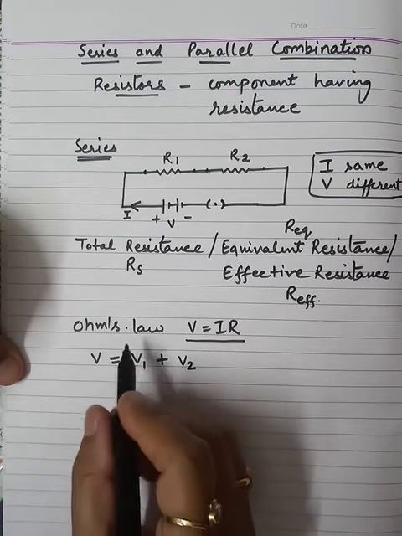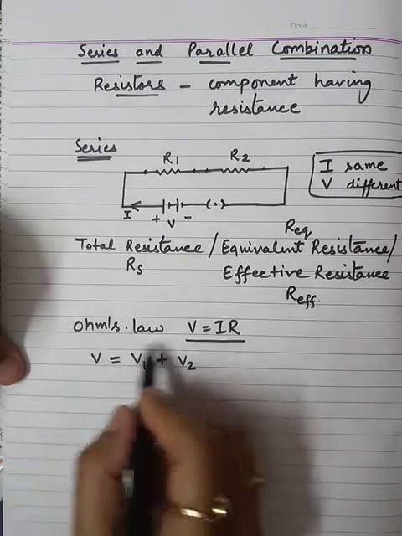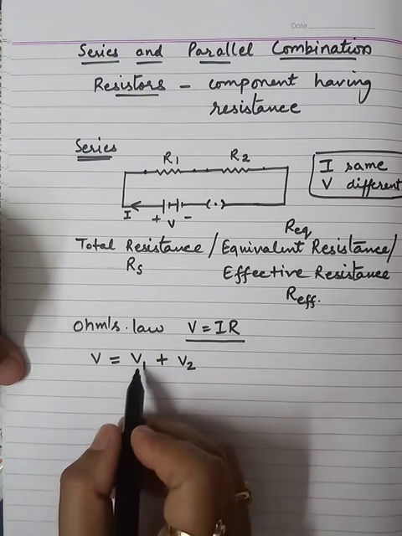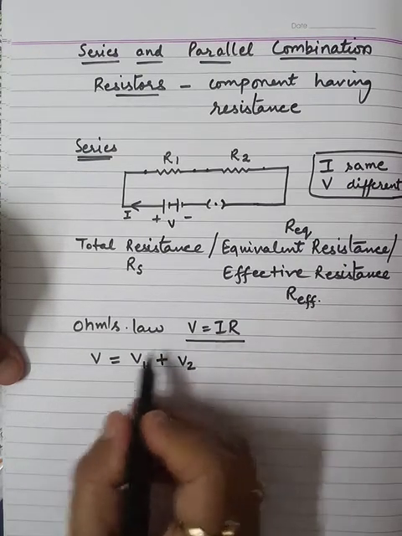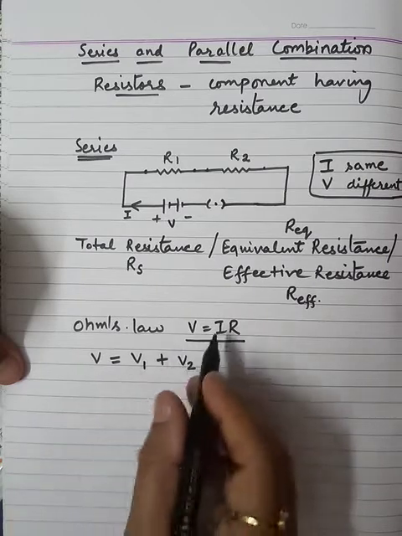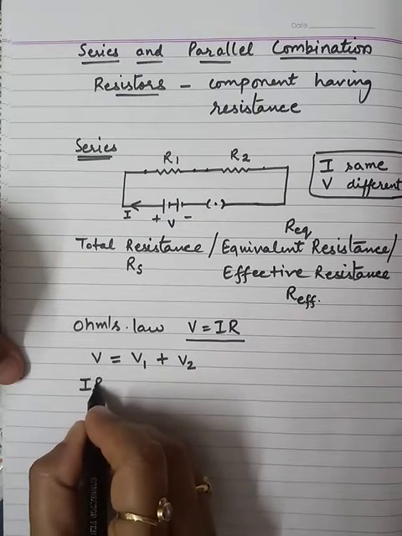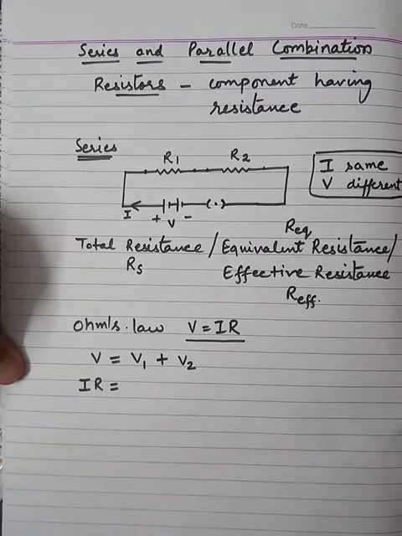Okay, now according to Ohm's law, V is equal to IR, so we can put the value V = IR over here.